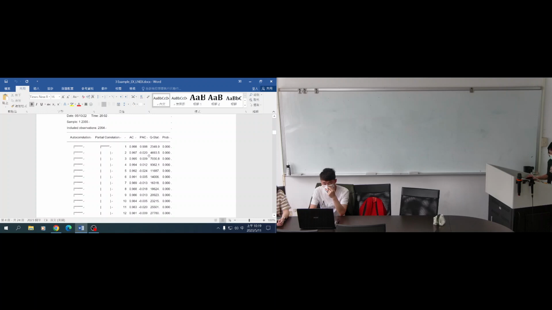So we have introduced two ways. One is graphical analysis. The other one is looking at the correlation function, either the autocorrelation function or the partial autocorrelation function. And the third one we just introduced last week: the unit root test.